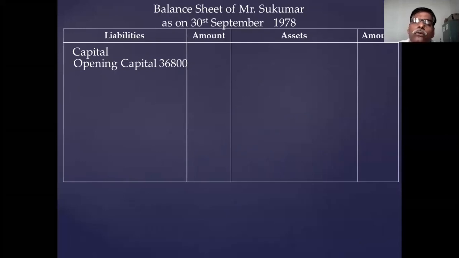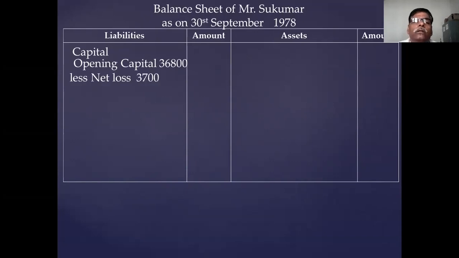Therefore, you directly go to deductions. One is less net loss, 3,700. Second is drawing. Drawing in the form of cash and drawing in the form of cheque. Totally, this is 5,700. You take the total of these two, that is 9,400. You deduct, whatever remains, that is the closing capital.